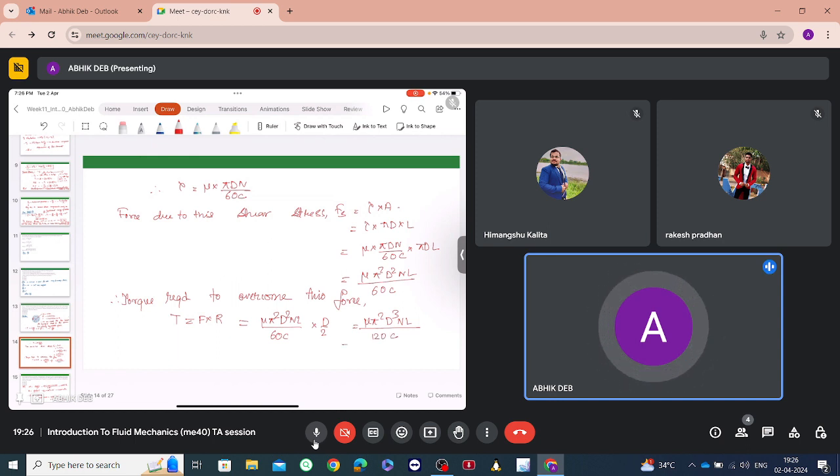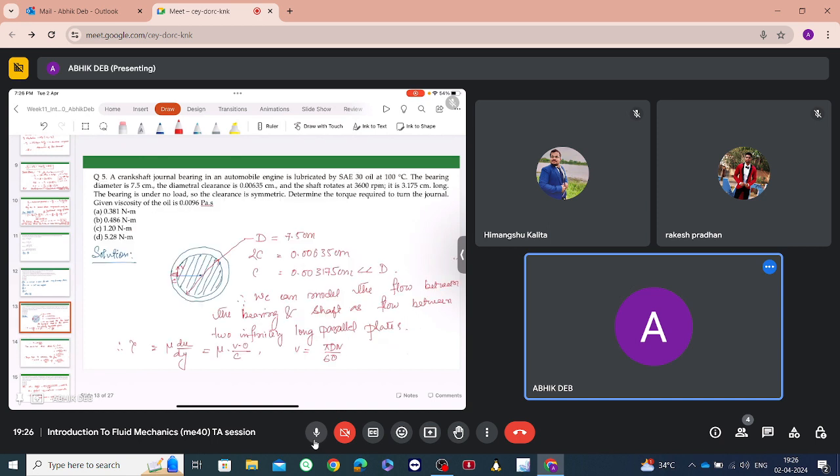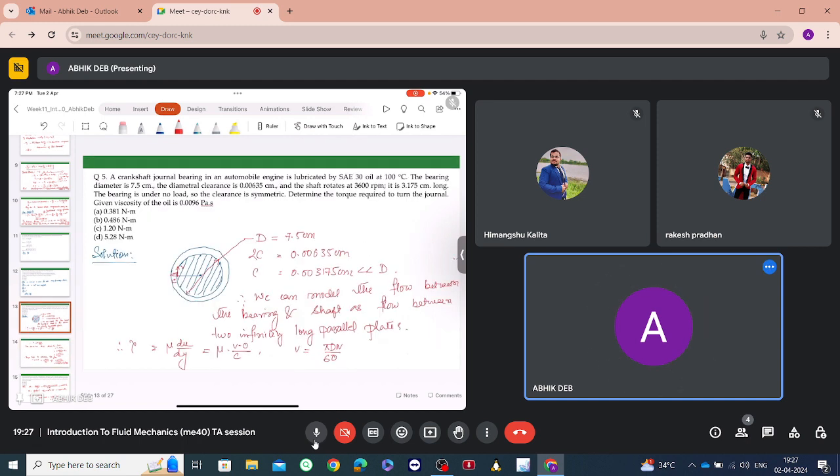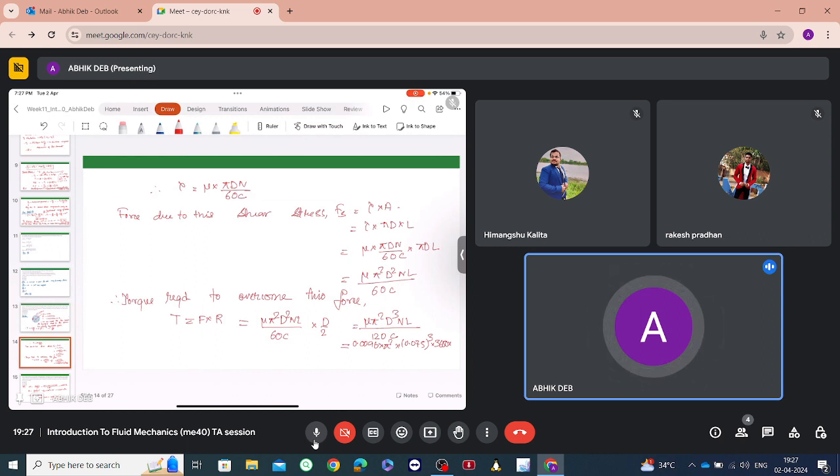So if we put the values, mu is 0.0096 into pi square into d cubed, it is 7.5 centimeter, so 0.075 meter cubed, n is 3600, into L, in this dimension L is equal to 3.175 centimeter, so this is 0.03175 meter, by 120 into the clearance.